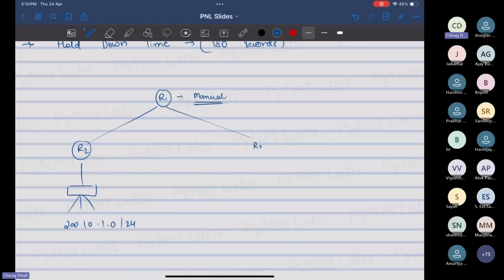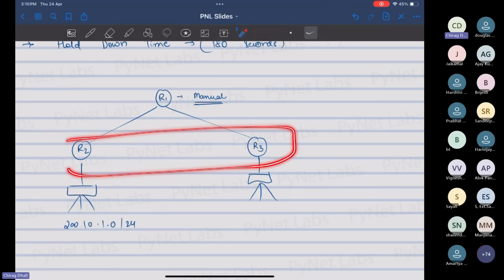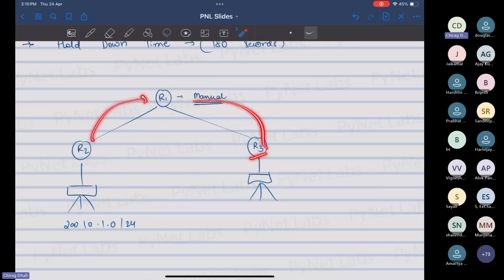Then yesterday we spoke about a topology looking like this, where R2 and R3 have the only exit point as R1.